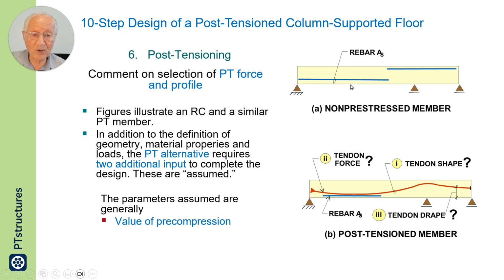There will be a bending moment and an associated required rebar. But when you come to post-tensioning, in addition to the geometry and the load, you need two more things. How much pre-compression?